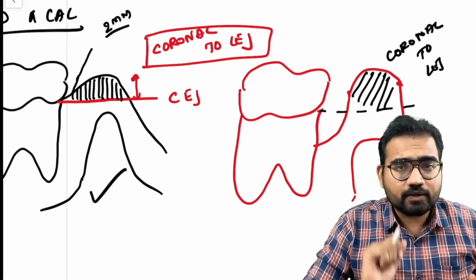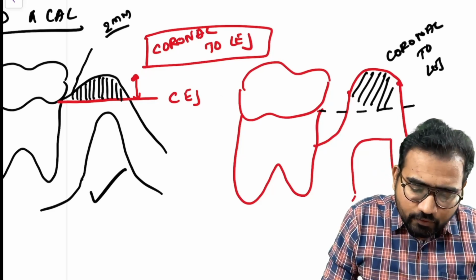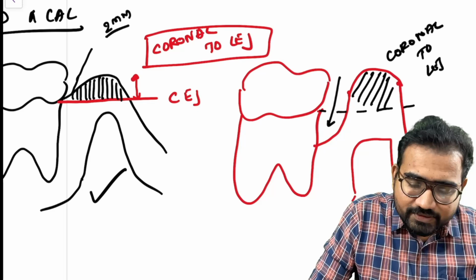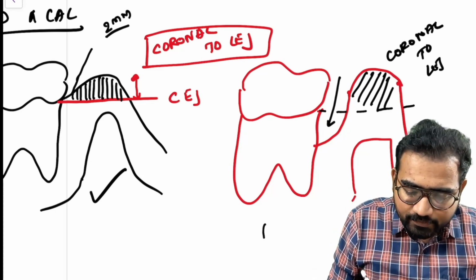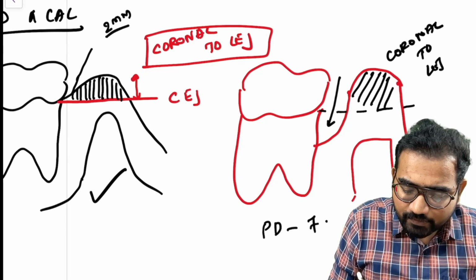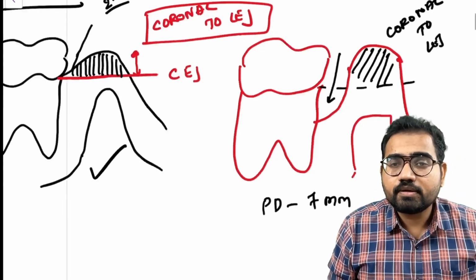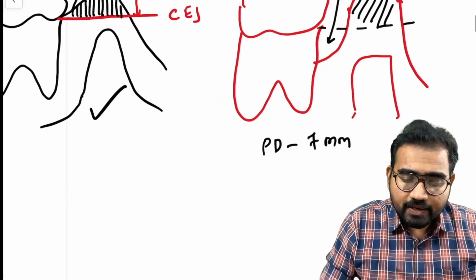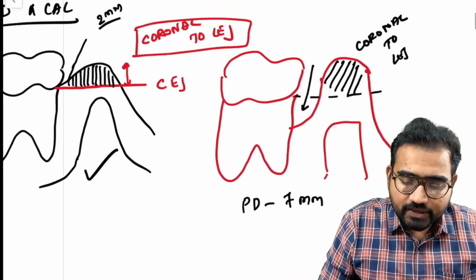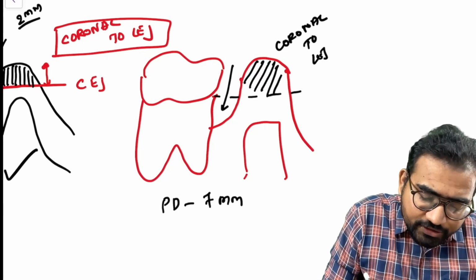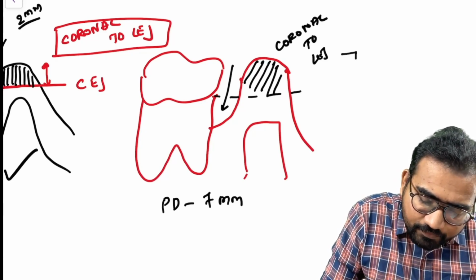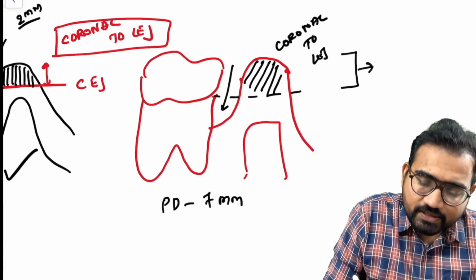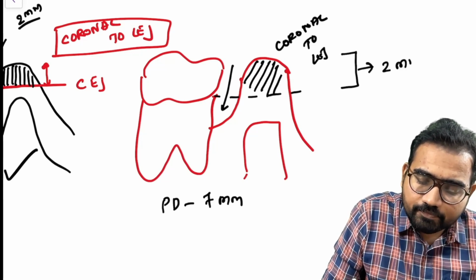How to calculate CAL? Very simple. I'm going to do probing depth. For example, my probing depth is 7 mm, and next I'm going to measure the distance from the gingival margin to the CEJ. Let us assume this is 2 mm.